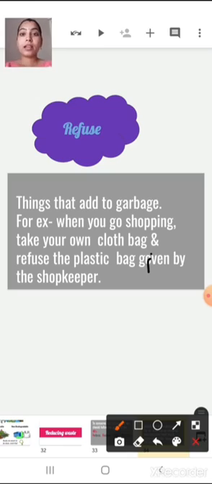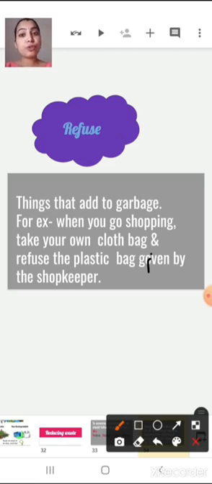Okay? Refuse means you will say, no, I don't use the plastic bag. I can carry my own cotton bag or jute bag to carry the things from the market.